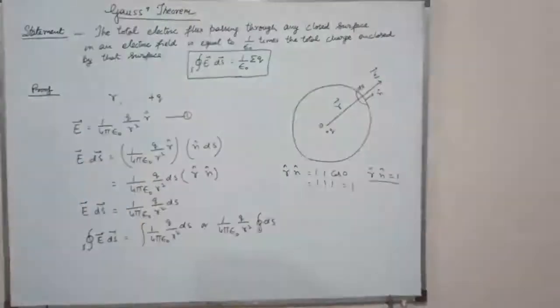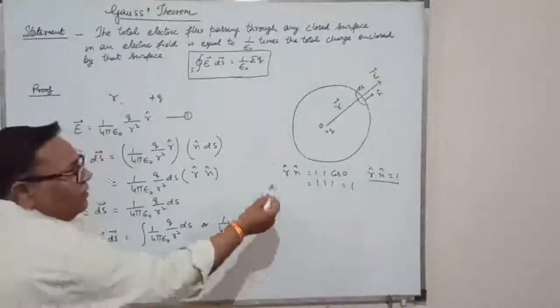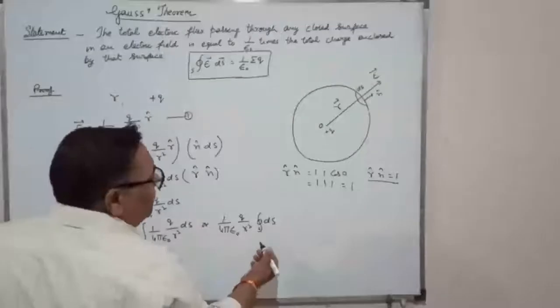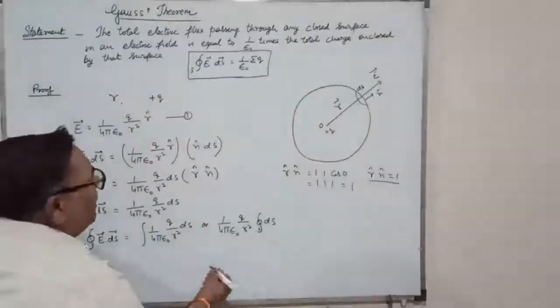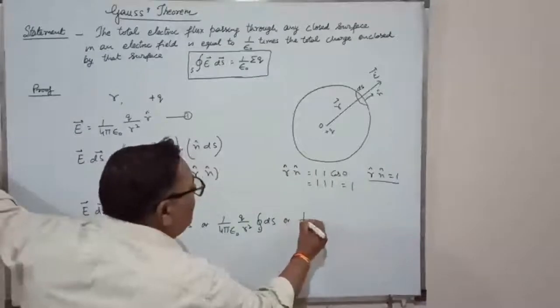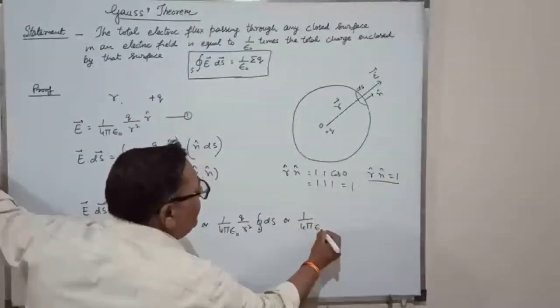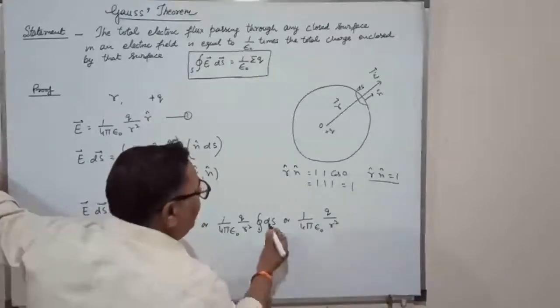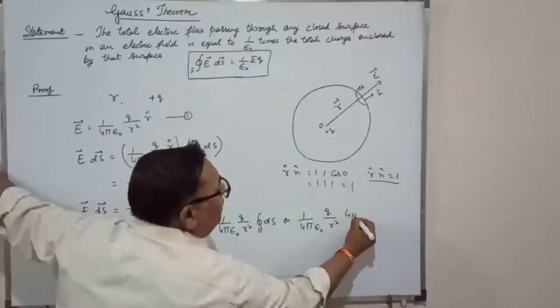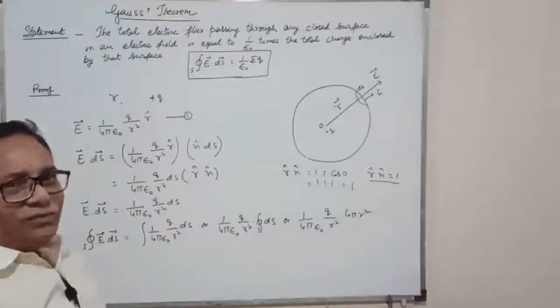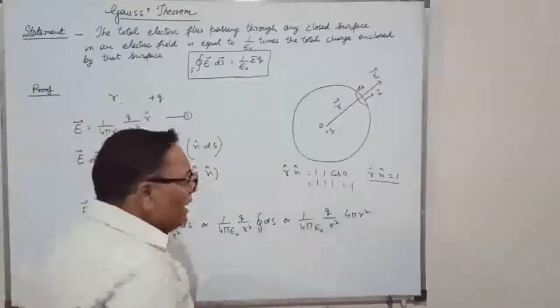integral of ds. And the closed surface means total surface area of spherical shell, that is 4 pi r square, or this can be written as 1 upon 4 pi epsilon 0 q upon r square, and this value is 4 pi r square because the total surface area of spherical shell is 4 pi r square.